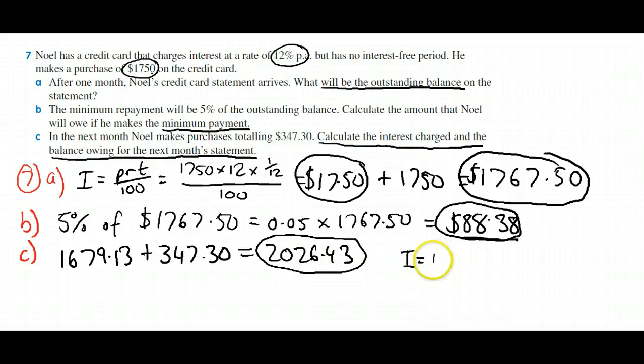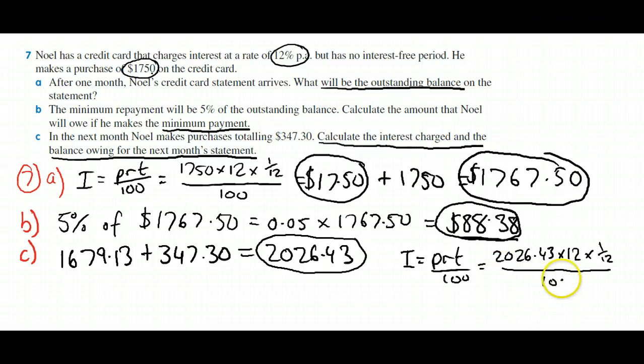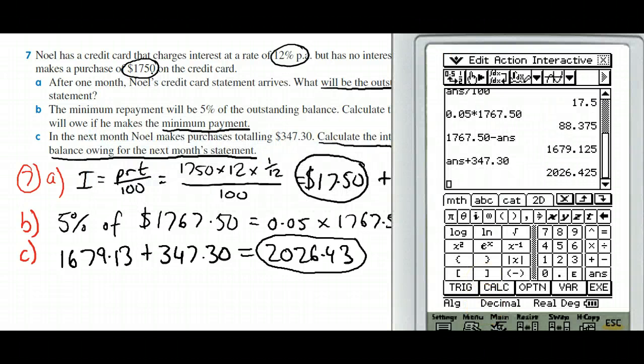So I equals PRT over 100. P is 2026.43. The interest rate is 12. And the amount of time is 1 month, which is 1/12 of a year. It's all over 100.